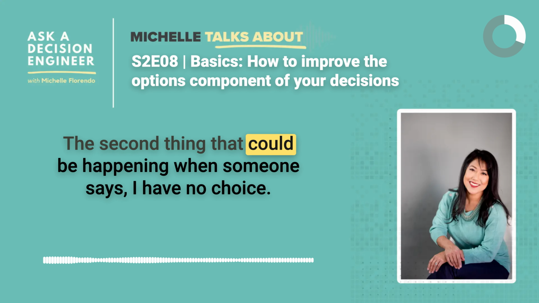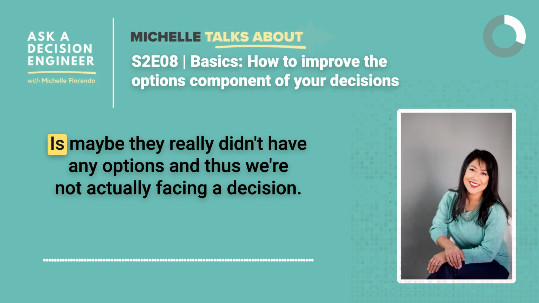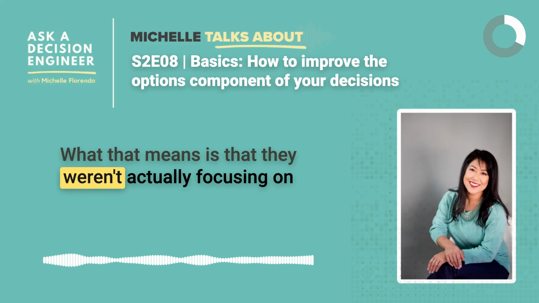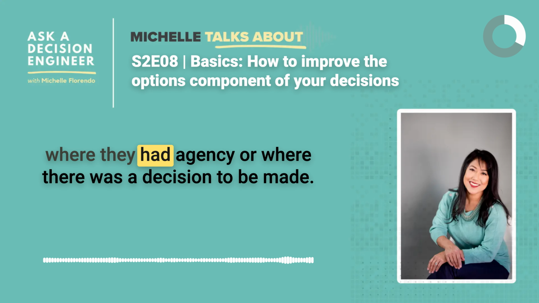The second thing that could be happening when someone says, I have no choice, is maybe they really didn't have any options, and thus were not actually facing a decision. What that means is that they weren't actually focusing on where they had agency or where there was a decision to be made.